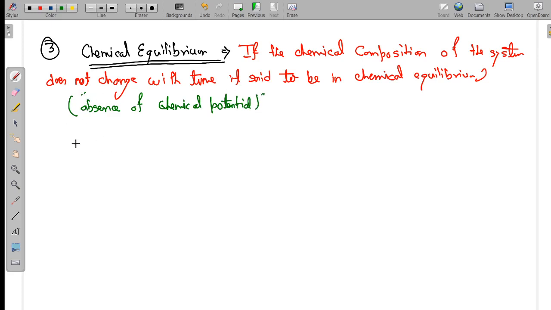Chemical potential is that, let us consider a glass, a nice glass. And in that glass, I have filled water.